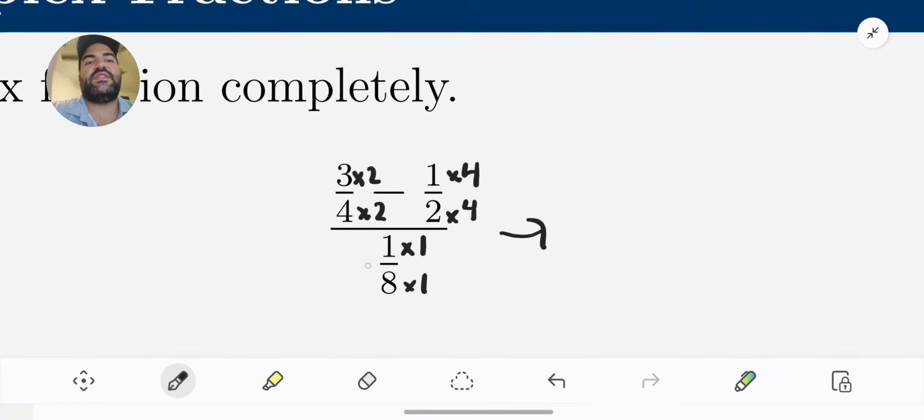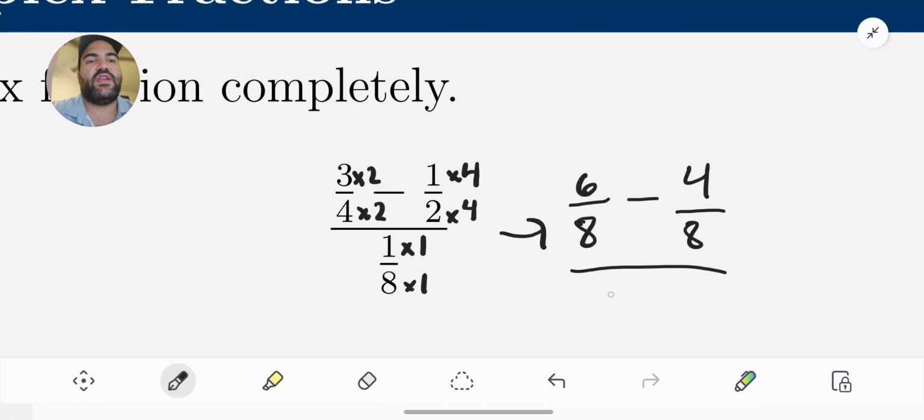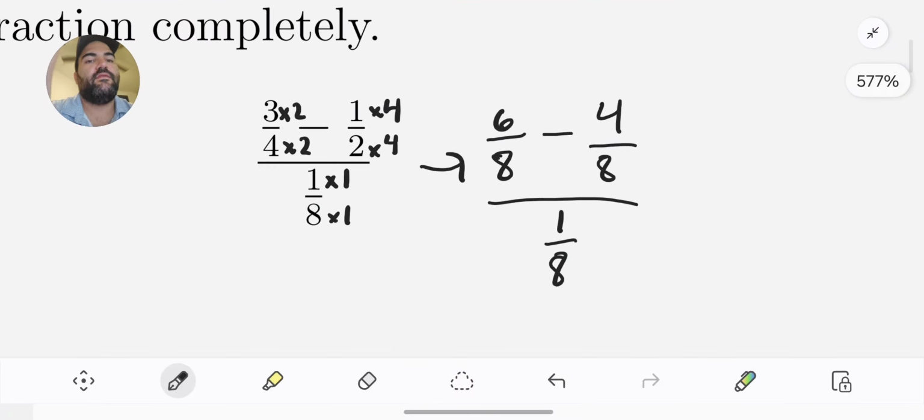So after that, let's see what happens. The first fraction, 3 times 2 is 6 over 4 times 2 is 8. Good. Minus, let's do the next fraction. 1 times 4 is 4, 2 times 4 is 8. Over the next, this one didn't even change. 1 over 8. Very good.